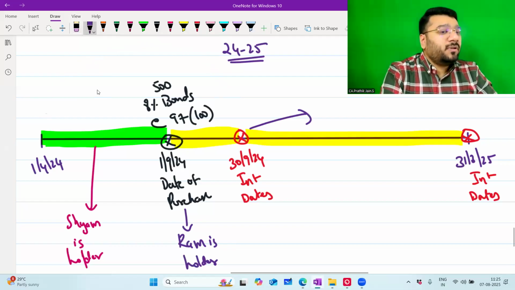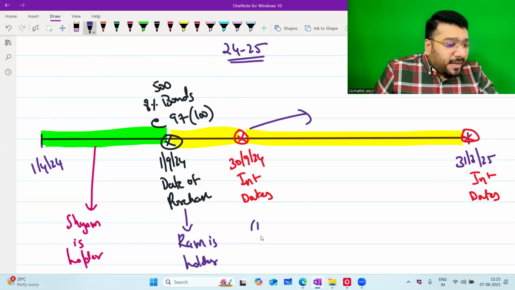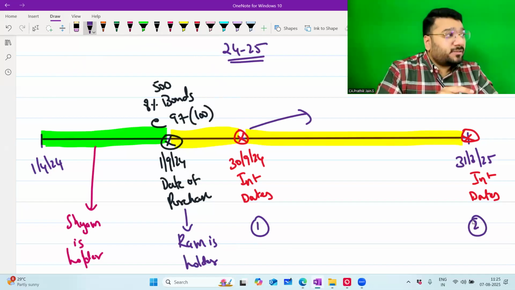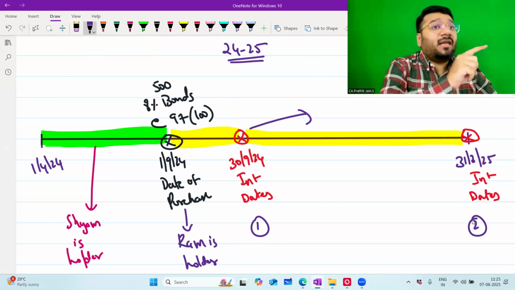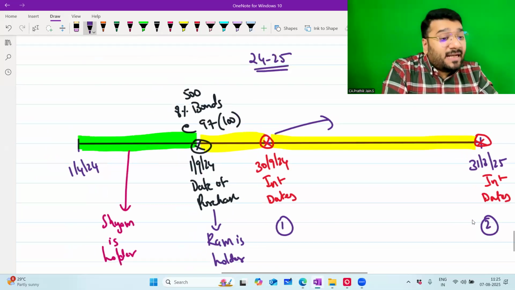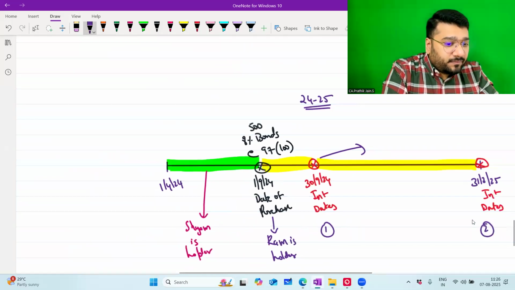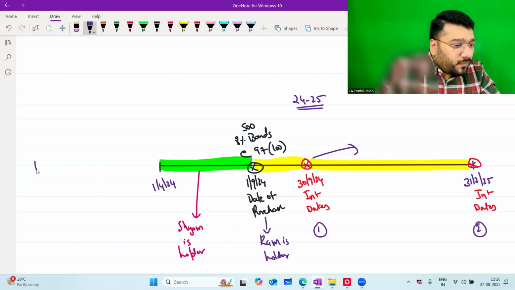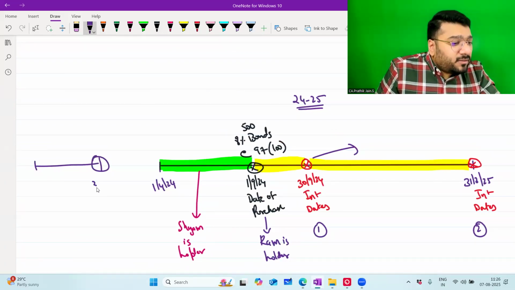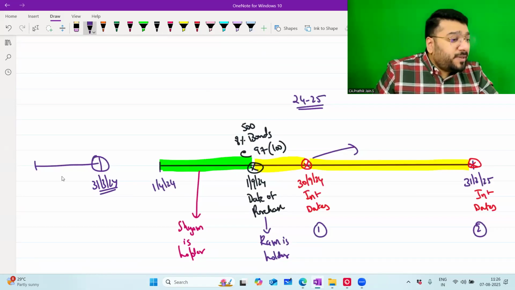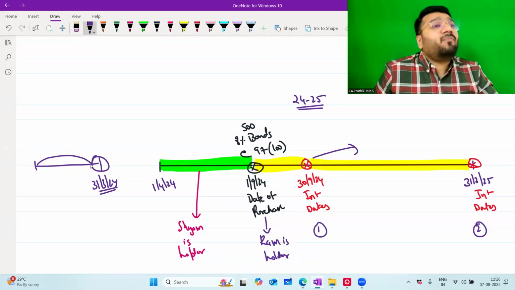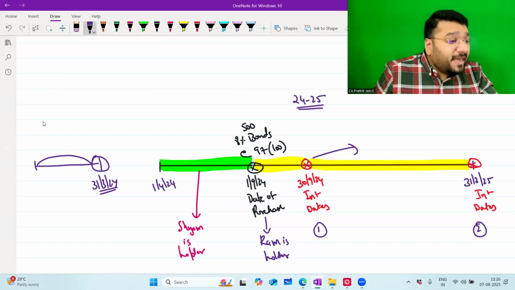In the current year, you're paying the interest on 30 September and 31st March. Prior to this, when was the last interest paid? I'll take the previous year. 31st March 24 was when the interest was paid. Which means from this period to this period, Sham was holding the bonds. He gave some amount to the company.